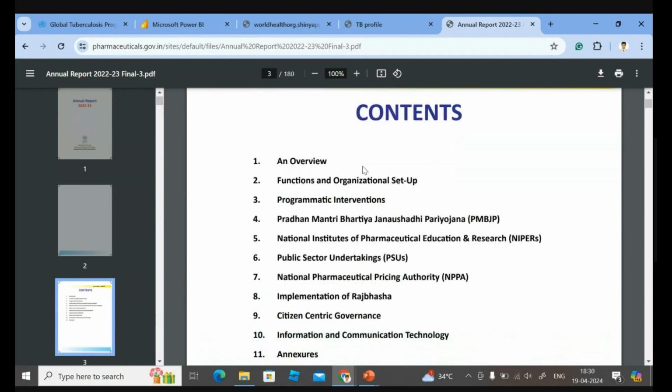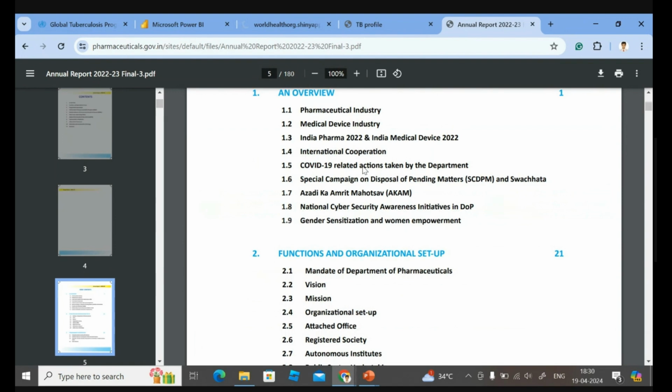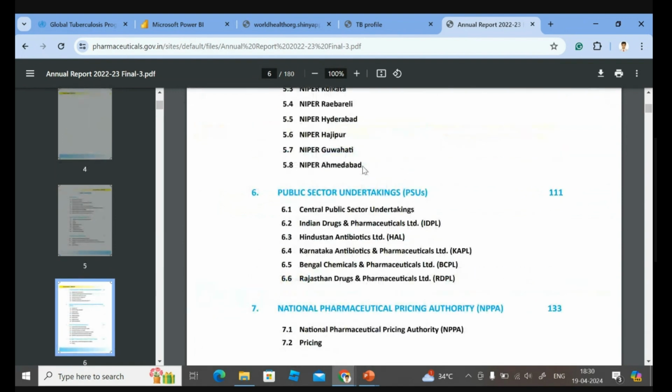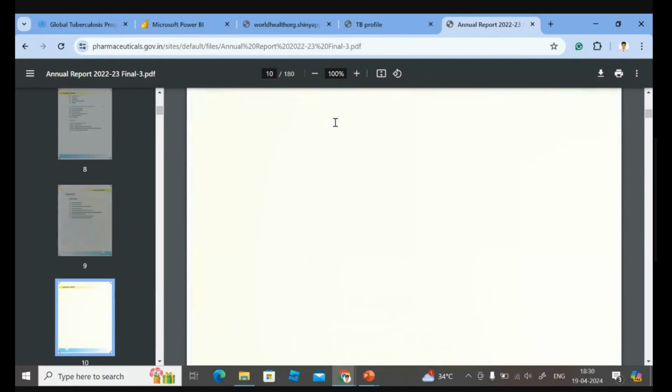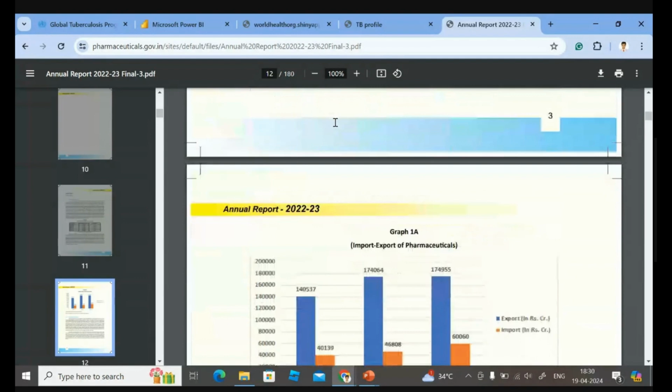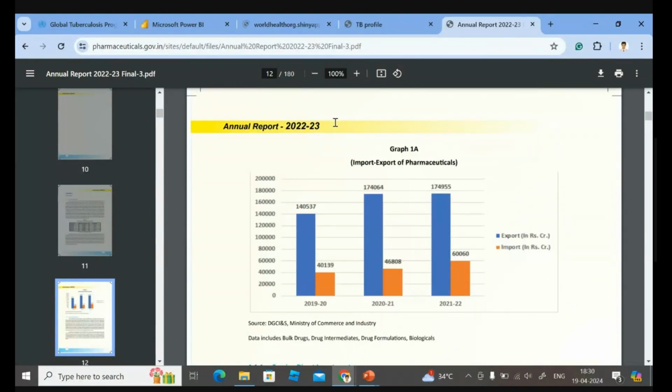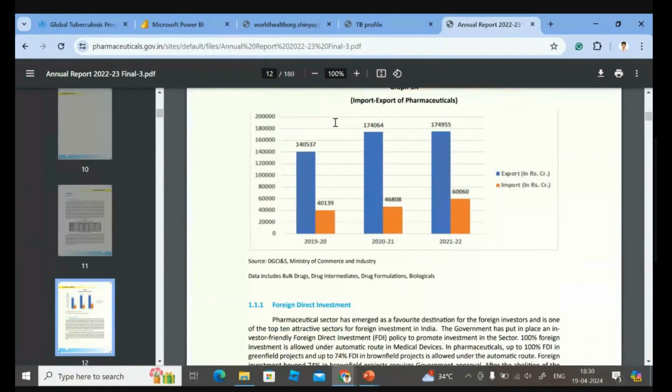Annexures that you have. Okay, overview. Public sector undertaking, functions and others, largely an IPR. You also have an IPR Hyderabad as such. So this is the one that you get. Export import.